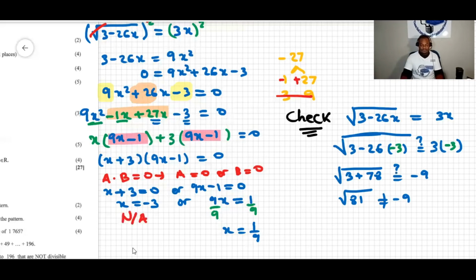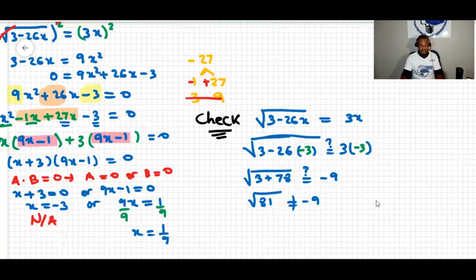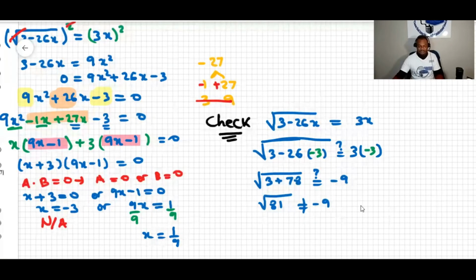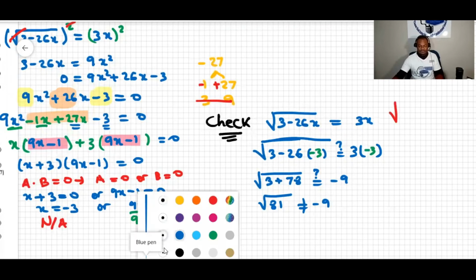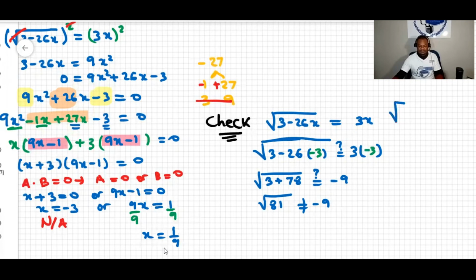And now let's check for x equal to 1 over 9. So we have the square root of 3 minus 26x.